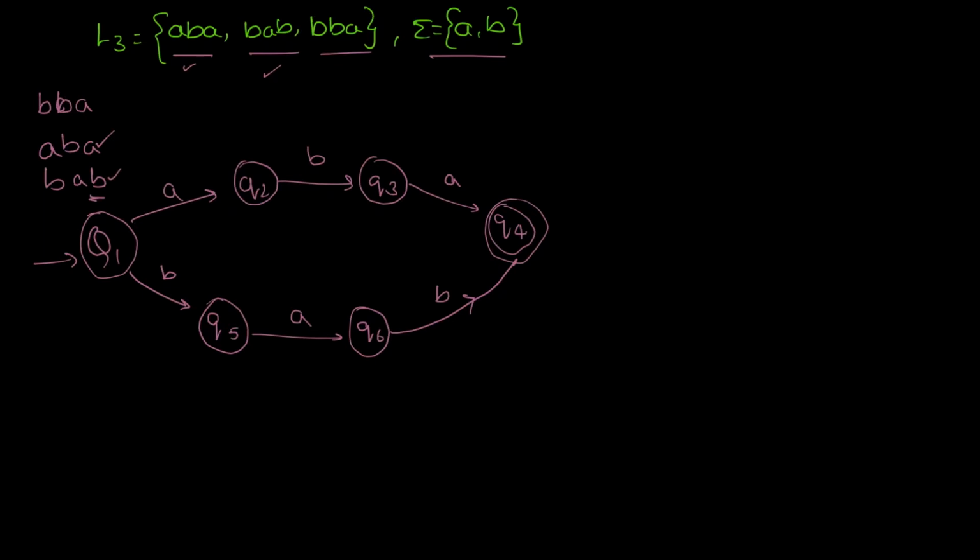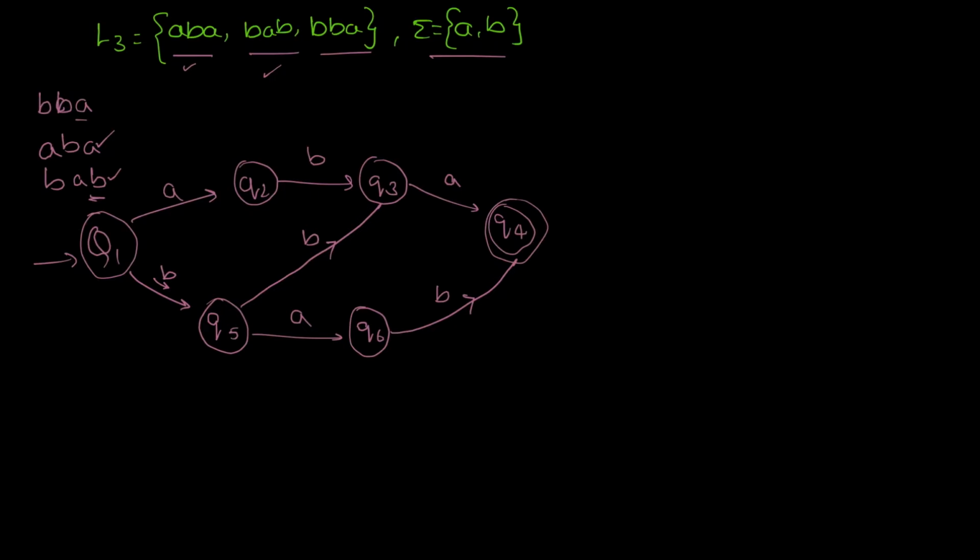From the initial state, on seeing B, we already have a transition. So it goes to Q5. From Q5, if we see B, we go to Q3, because on seeing A, there is already a transition leading to a final state from Q3.